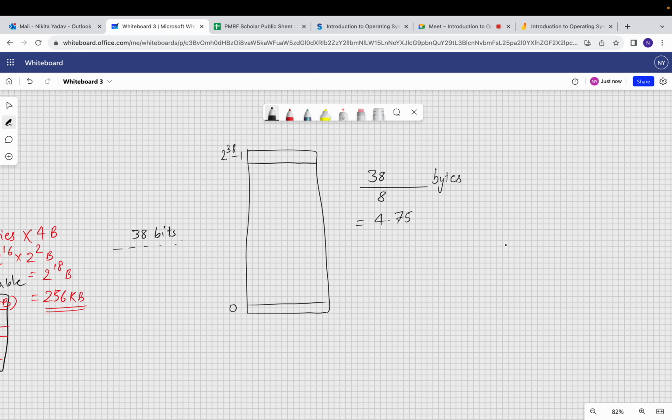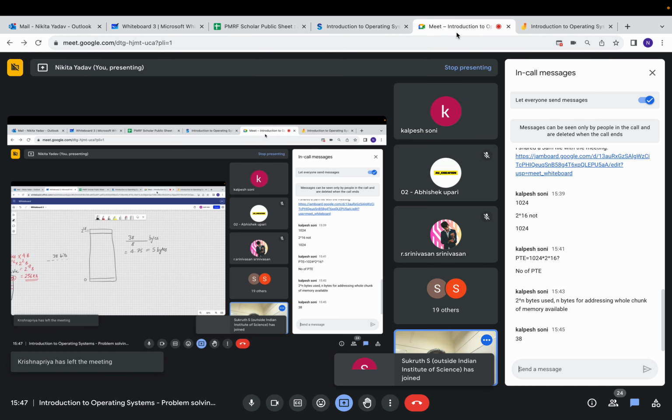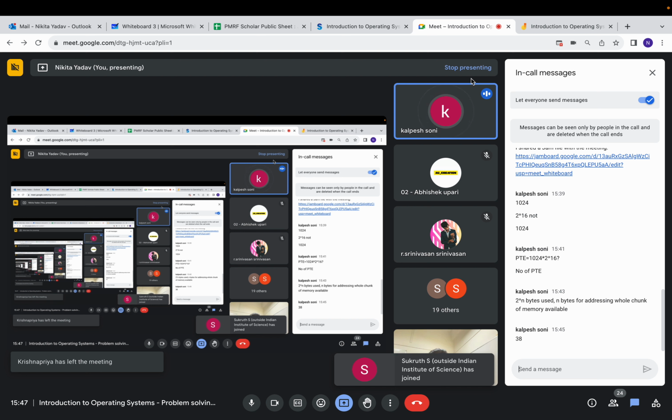Now you cannot use 4.75 bytes, so you have to use 5 bytes. So total 5 bytes, 40 bits will be required. 2 bits will be unused because you need only 38 bits to access 2 to power 38 byte locations.